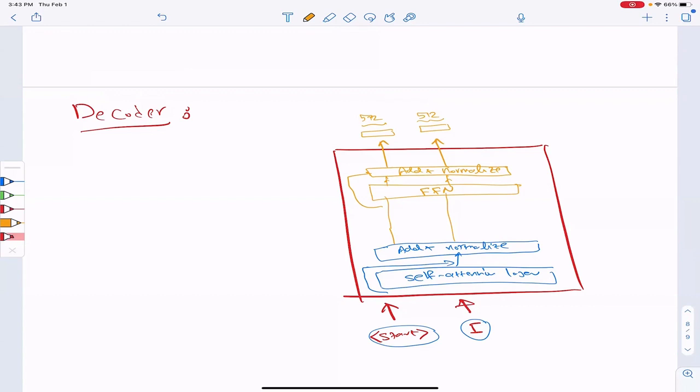And what is the number of classes that we have? The number of classes is basically the number of possible words or tokens in our dictionary. So we have a very large dictionary. Let's say I have 10,000 candidate words. I'm just going to train a classifier using these input vectors to see which word has the highest probability as my next word, as my next token. That's it. So here I'm going to use a classifier. So these are the 2 inputs.